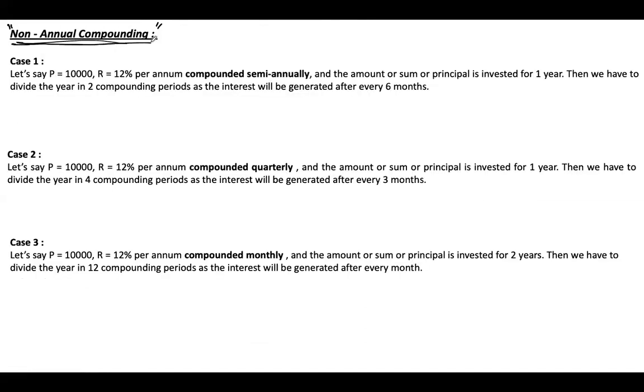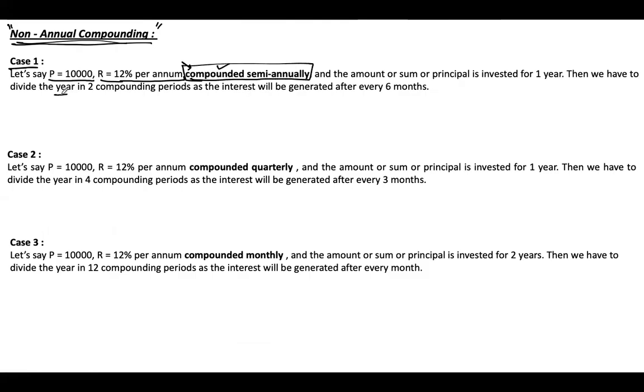Now look at non-annual compounding. I've made three cases. Principal is 10,000 and rate is given 12% per annum, but compounding is happening semi-annually. What does it mean?